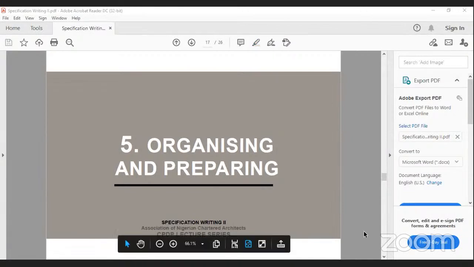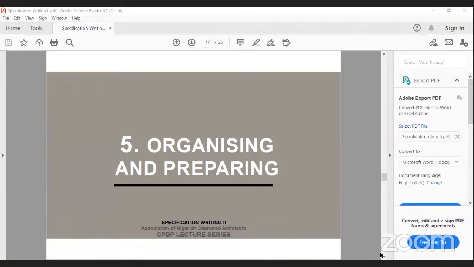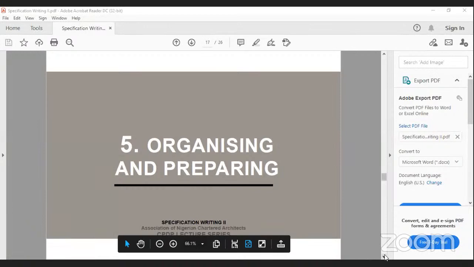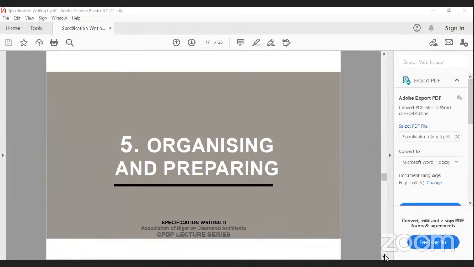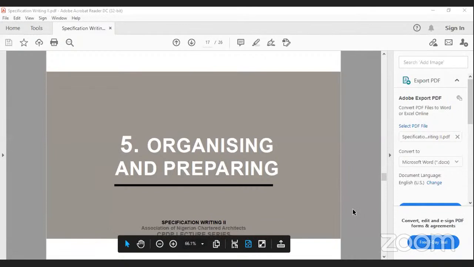If you have a design and build contract, when you are organizing your information in your product manual, you don't need to spend time putting in the type of bidding, when you already know that you are the person who did the design and you're the person expected to carry out the construction.